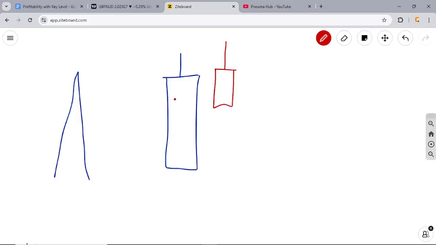This can be a daily candle or a weekly candle, and this also can be a daily candle or a weekly candle. So we want to see a sweep of the previous week or previous day high, but we want to make sure that the low of this day one or week one is still intact. So we want the second week to sweep the high of the first week.